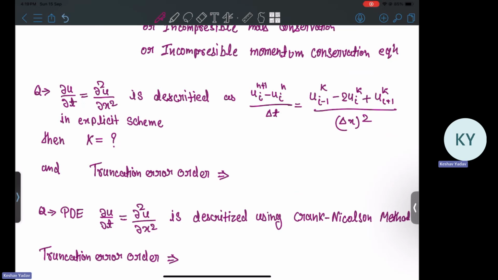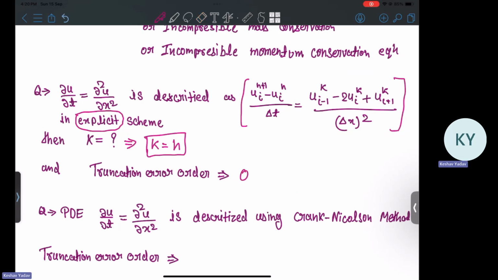Now the next problem, del u upon del t equal to del 2 u upon del x square is described by this expression in the explicit scheme. Okay, this is the explicit scheme. So then I need to find out the value of k. So in the explicit scheme, what will the truncation error be?